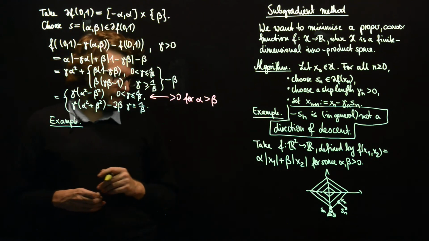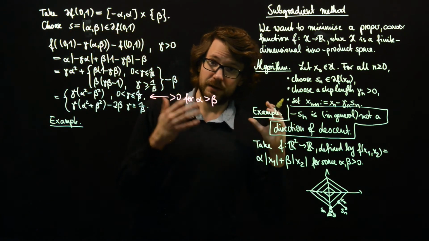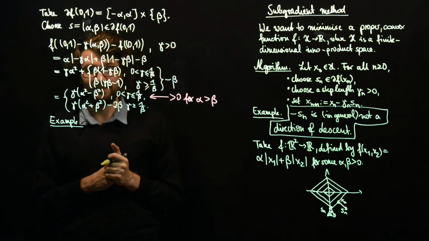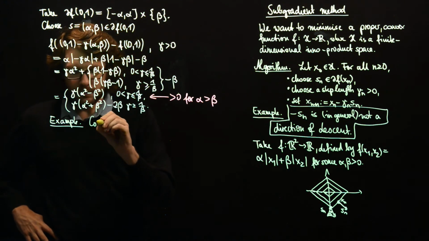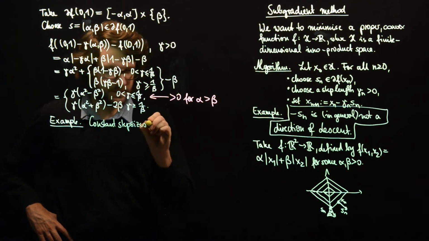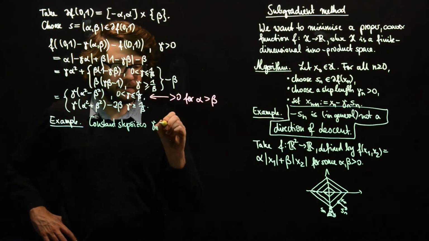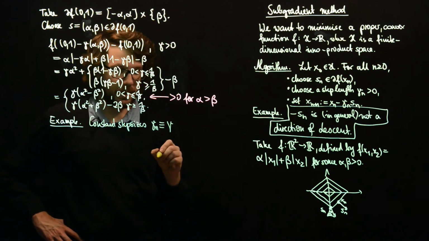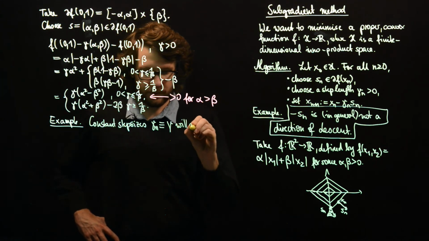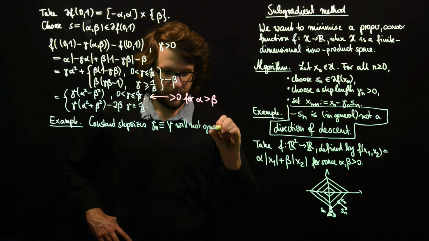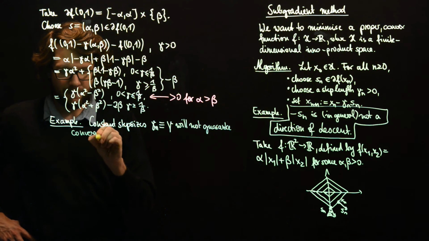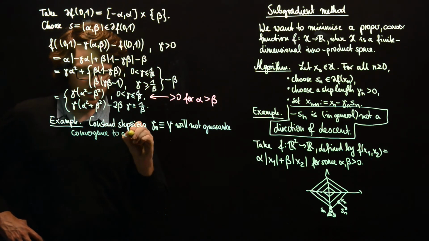So the second wisdom which you should take away from the example is: constant step sizes or step lengths gamma n just equal to gamma for all n will not guarantee convergence to a solution.